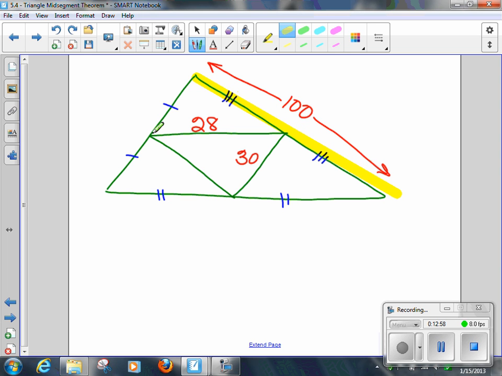Now, if we just focus on 100, then where is the line? Oh, this right here.